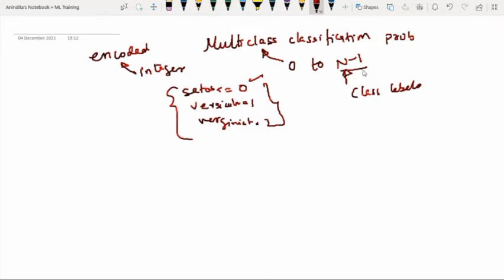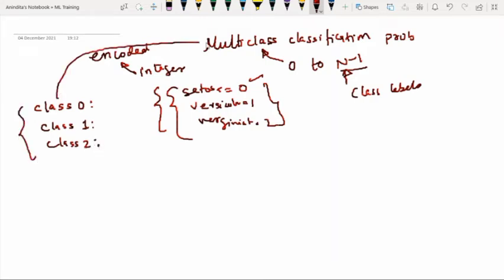Now you have to consider this. Basically we are talking about when we have 3 class labels. So we have class 0, class 1 and class 2. Why have I considered 3 classes? Because it is a multi-class classification problem and we are expecting more than 2 classes.